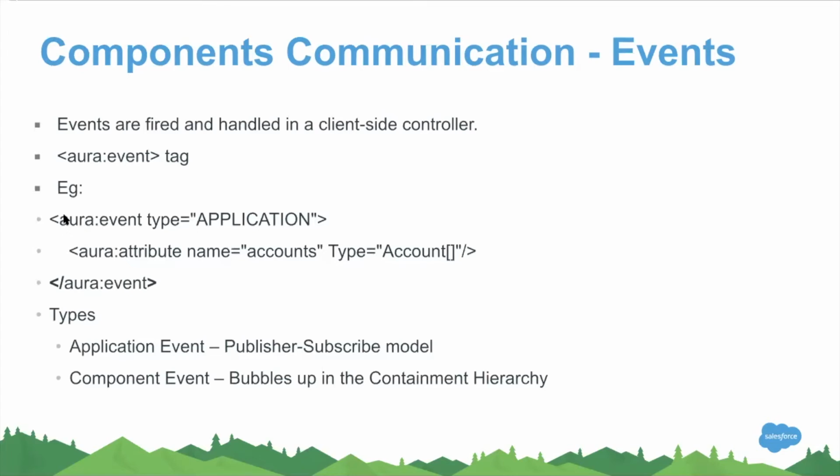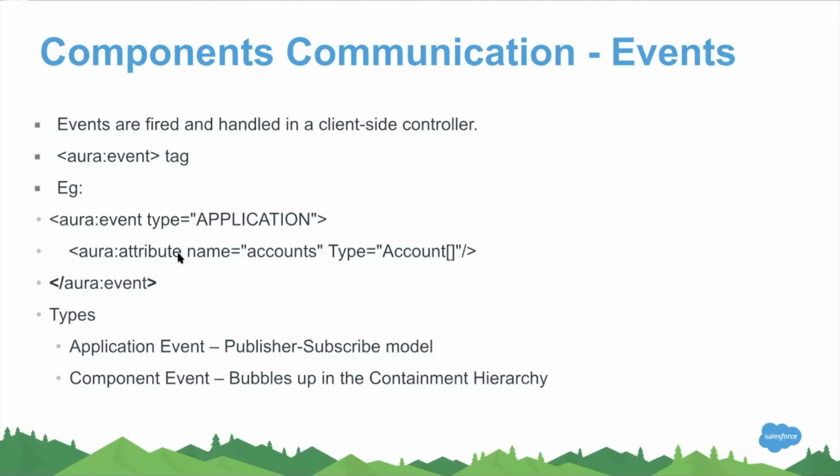In order to create an event, you have to separately create an event definition which has its own type. If it is an application event, then you will give the type as application. But if it is a component event, then instead of application, you will give it as component.